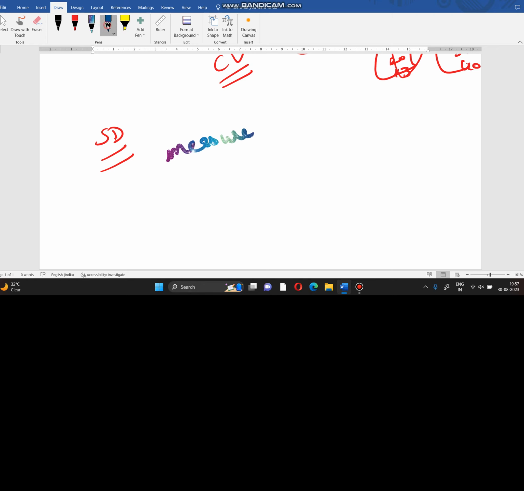Whatever variation from the mean has occurred, the measure of this variation is known as standard deviation.